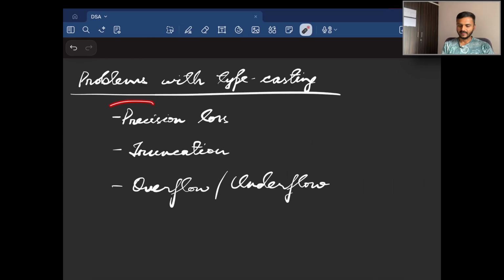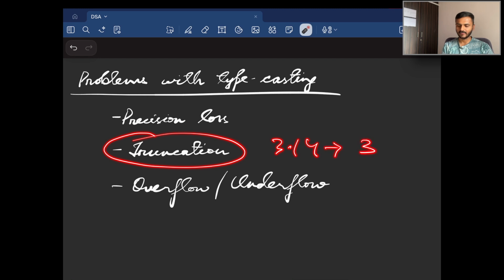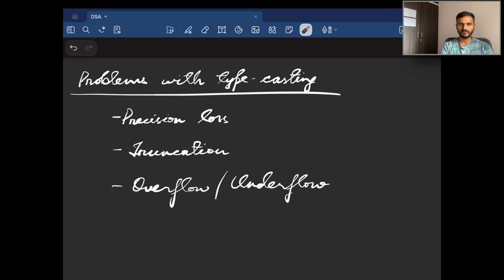So typecasting can lead to precision loss, which is what we have seen just now. It can also lead to truncation, that is 3.14 getting converted to 3, because what we did was we stored 3.14 in a data type which only supports numbers without decimal points. Another problem is overflow or underflow.